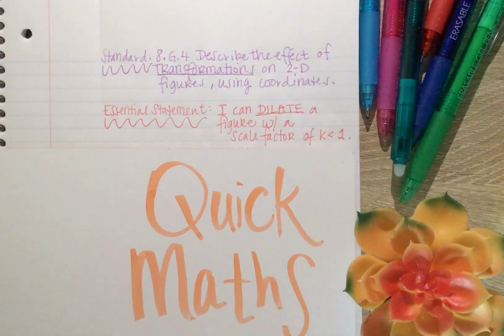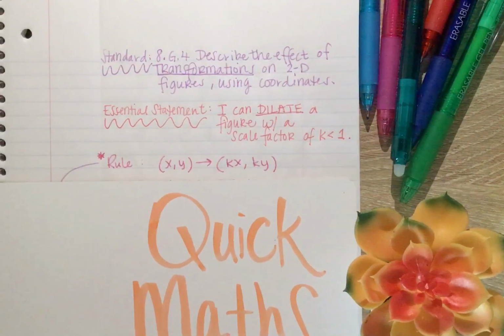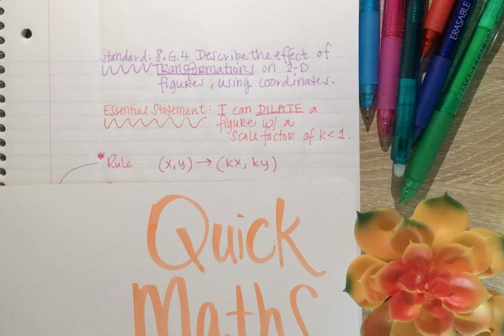A couple of reminders. The rule that we use is you take your ordered pair (x, y), and that goes to (k times x, k times y). K is the variable that we use for scale factors.